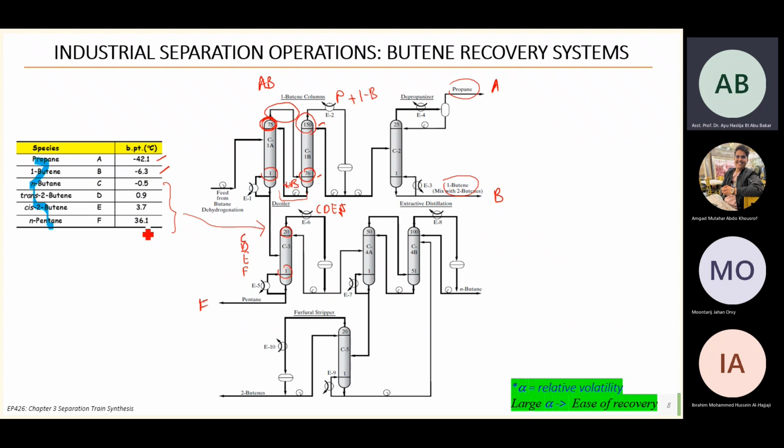F is 36 degrees C, the rest less than 4. So that's why this unit separates the pentane first. Easier to separate.